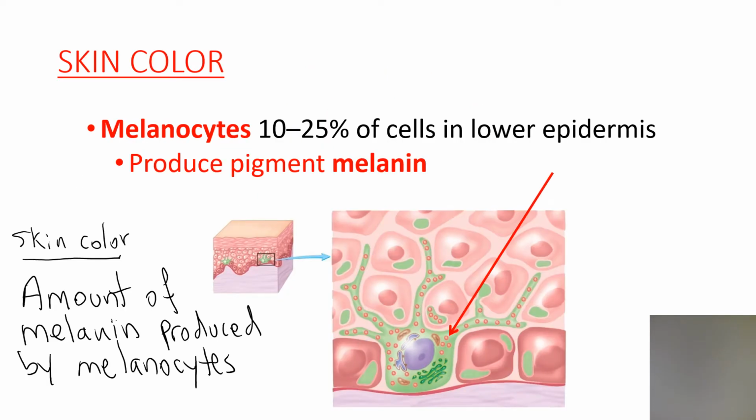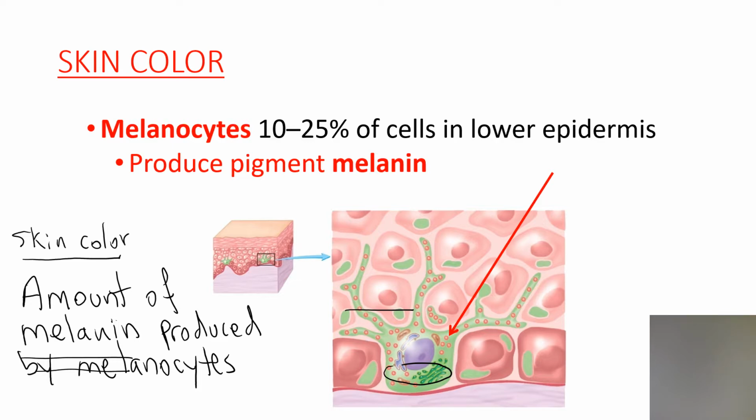Another skin characteristic which is explored in this chapter is skin color. The main factor in skin color is the amount of melanin produced by melanocytes. Melanocytes are cells found in the stratum basale.